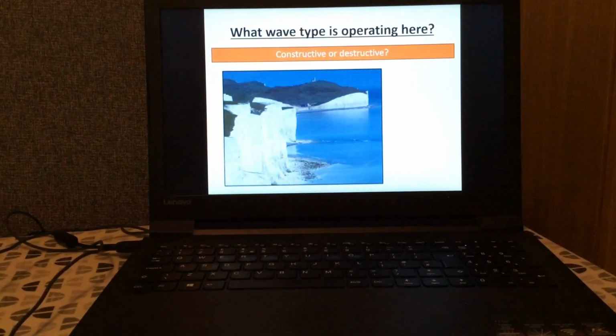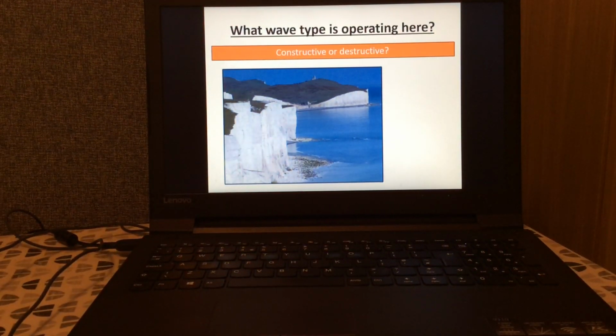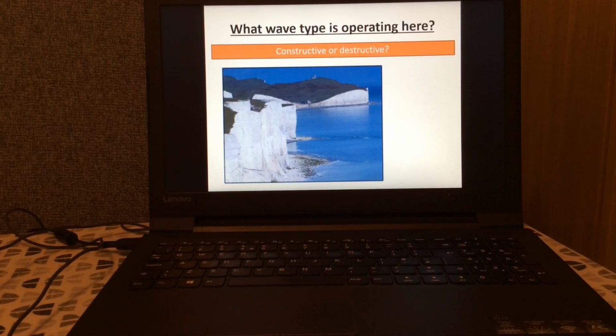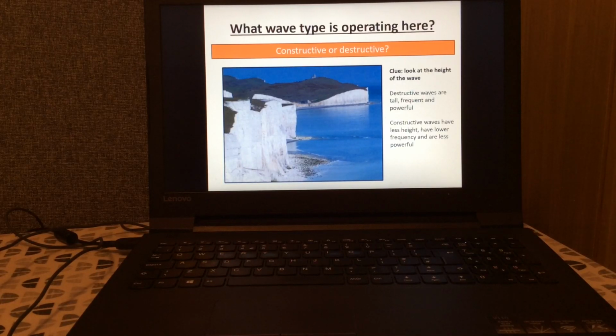Okay, back to the image then, these cliffs here. Constructive or destructive waves. Have a look at them again in the photo, and I'll give you a clue. A really helpful thing to look at here would be the height of the waves. So you can look at how tall they are.